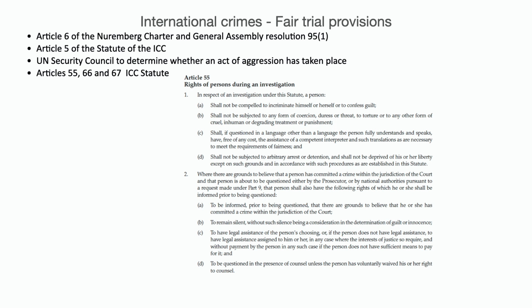A person shall not be subjected to arbitrary arrest or detention. Where there are grounds to believe that a person has committed a crime within the jurisdiction of the court, that person shall have the right to be informed, to remain silent, to have legal assistance, and to be questioned in the presence of a counsel.